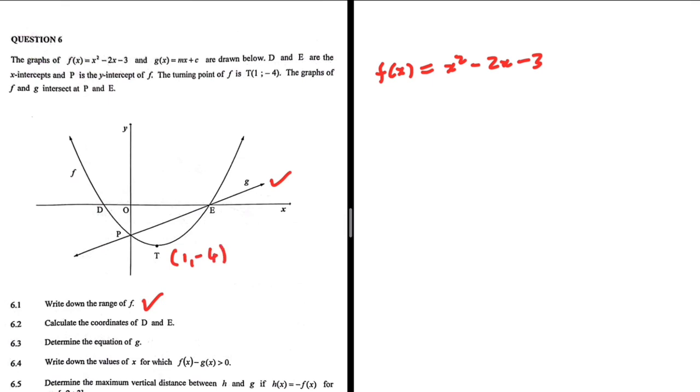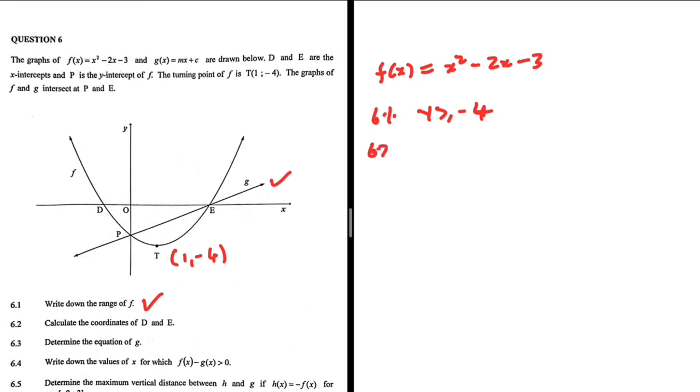As you can clearly see, f of x cannot be below minus 4, as minus 4 is its minimum point. So the range for f of x, 6.1, is y greater than or equal to minus 4. y cannot be less than minus 4, as you can clearly see from the sketch, right?